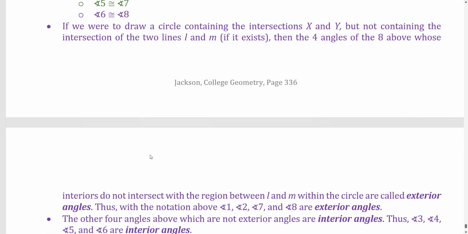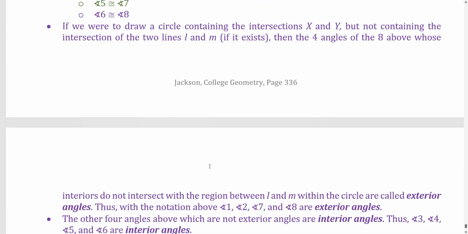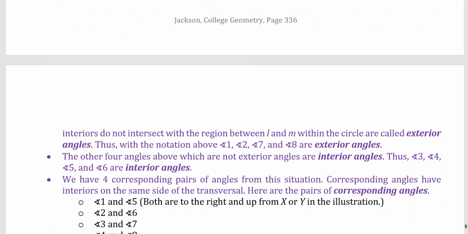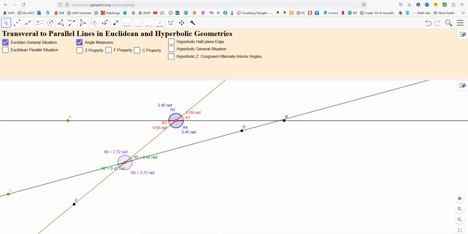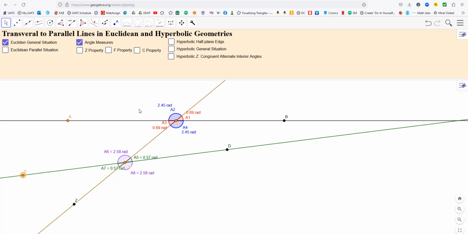Now, if you draw a circle around one of these vertices, X or Y, then we can talk about which ones are interior and exterior. You could draw a circle that contains these vertices.